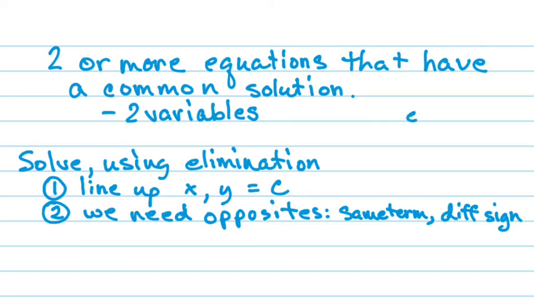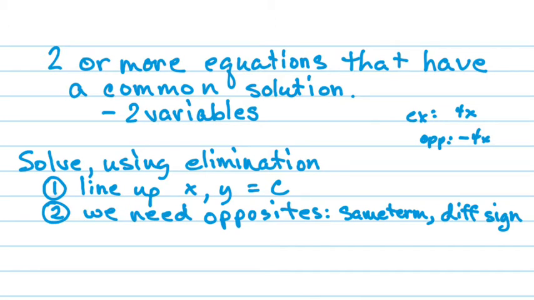So for example, if you have positive 4x, the opposite is negative 4x. Okay? So it just means exactly the same. They have to look identical, the only difference being the sign.